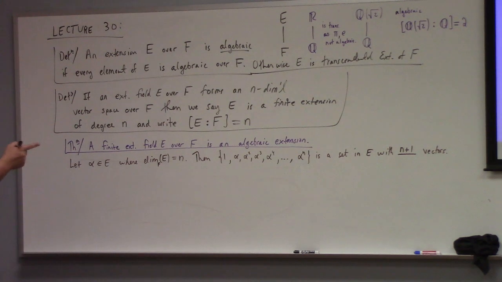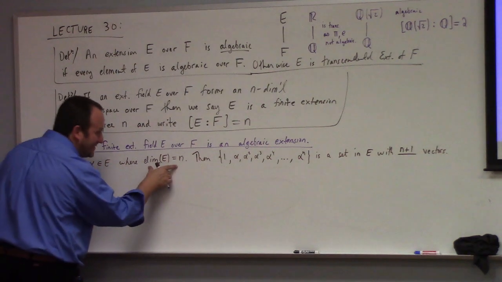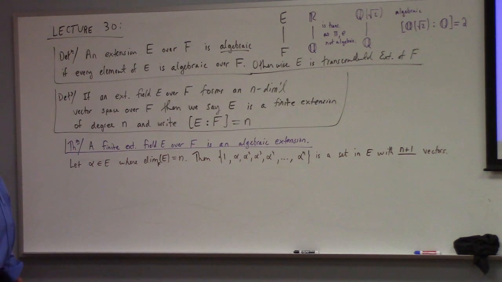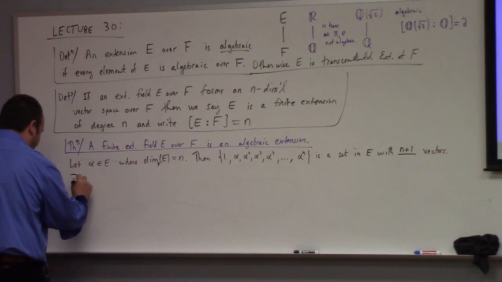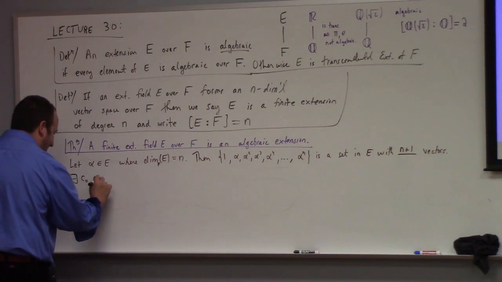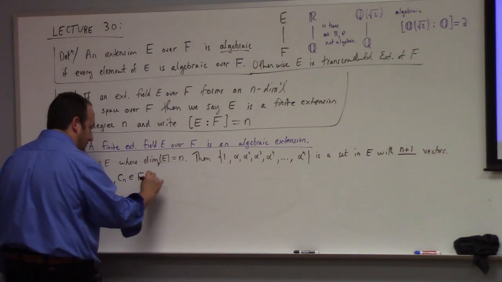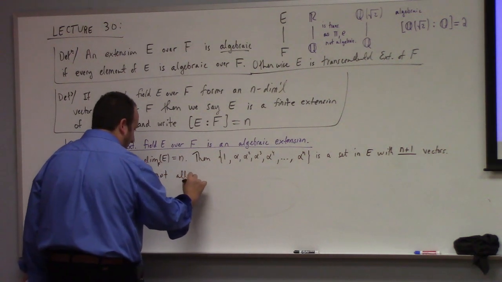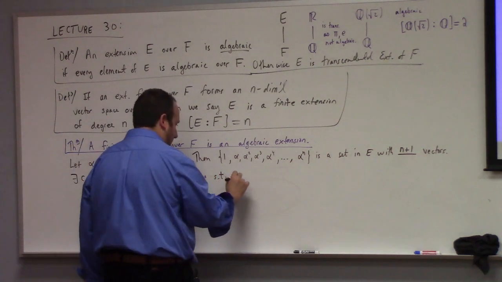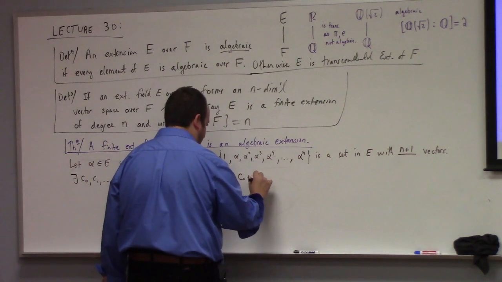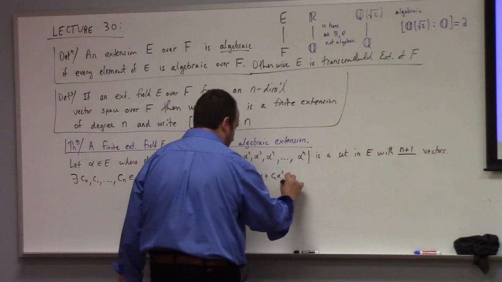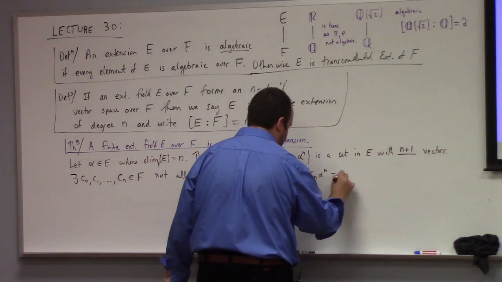Oh, but anyway, n plus 1 vectors, which says what about that set? In an n-dimensional space, it's not independent, which we could also rephrase as being dependent. So that means that there exist c0, c1, through cn in F, not all 0, such that c0 plus c1 alpha plus c2 alpha squared, plus through cn alpha to the n equals 0.